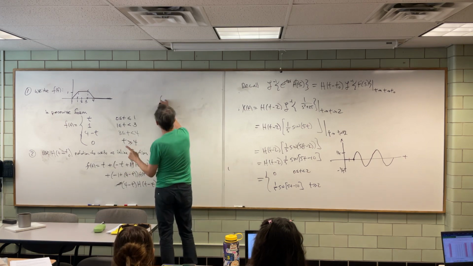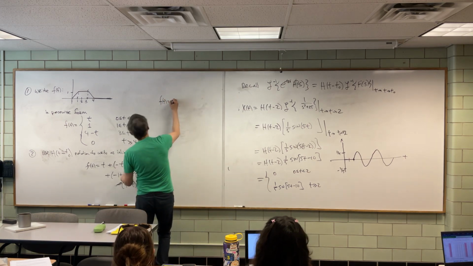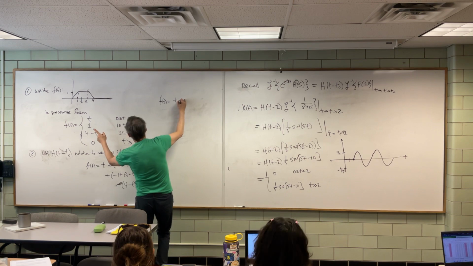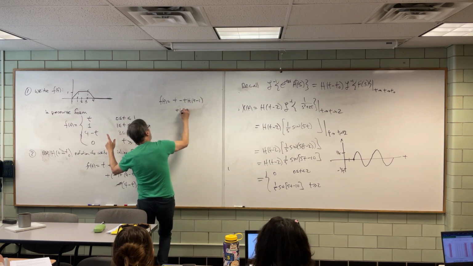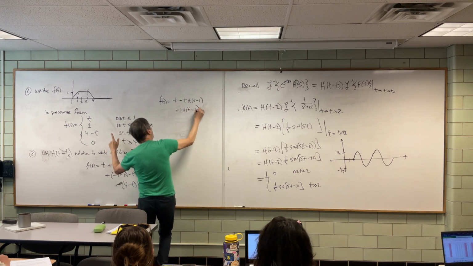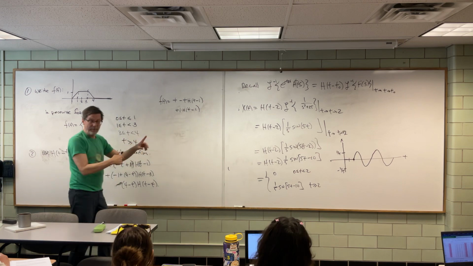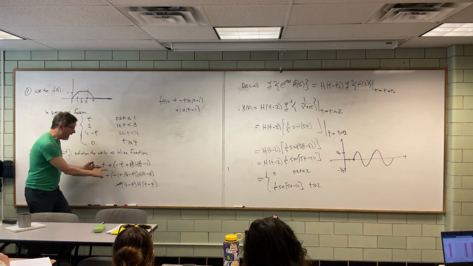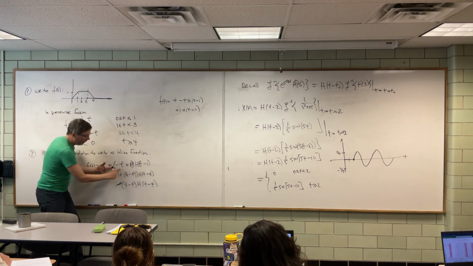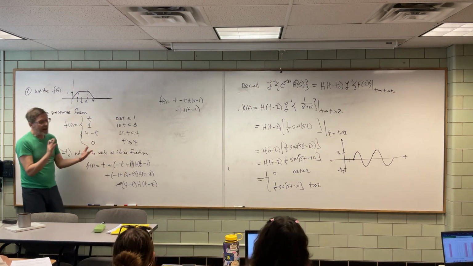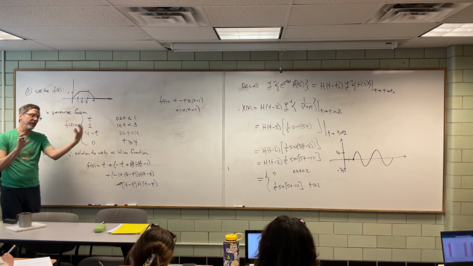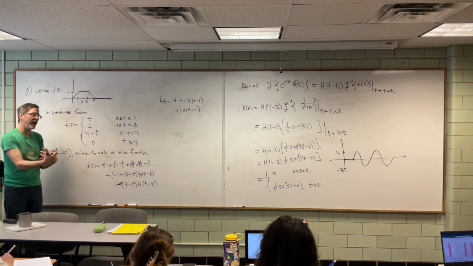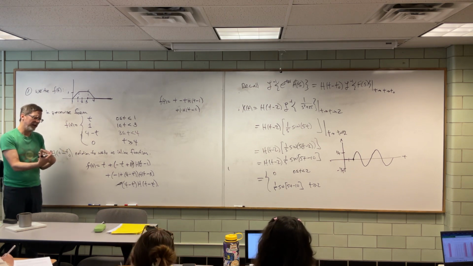I could say f of t equals t, and then I'm going to turn off the t at t minus 1 second, but then turn on the 1 at t minus 1 second. Notice that this distributes to each of those. So I'm clumping together the turn off and turn on, grouping them by the Heaviside they share. Does that make sense? Mm-hmm.